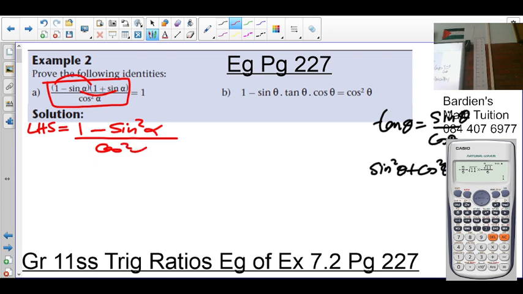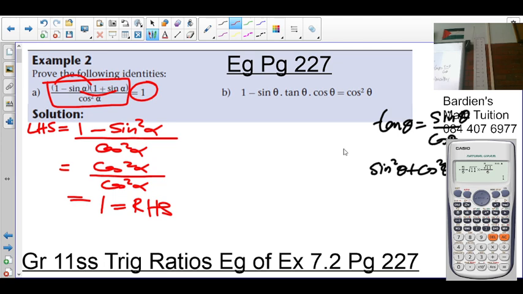Over cos squared alpha. You all see that? Now what do you notice? What is 1 minus sine squared alpha? Cos squared alpha. So it's going to become cos squared alpha over cos squared alpha, which is, hang on, equal to the right hand side. And that's how we end off. We say the left hand side is equal to the right hand side.